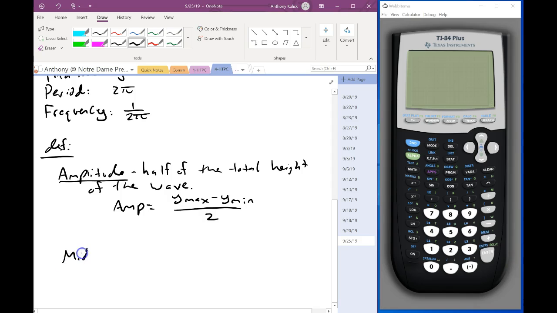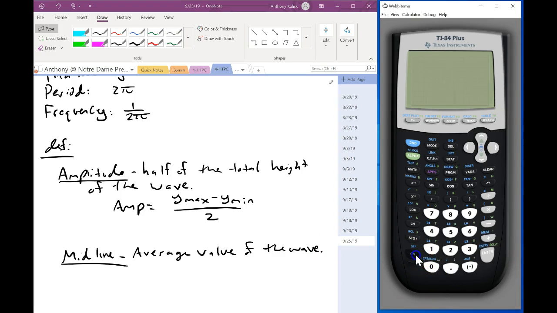The next one is the midline. This is the average value of the wave. The other way of thinking about it is it basically just divides the graph in half horizontally.